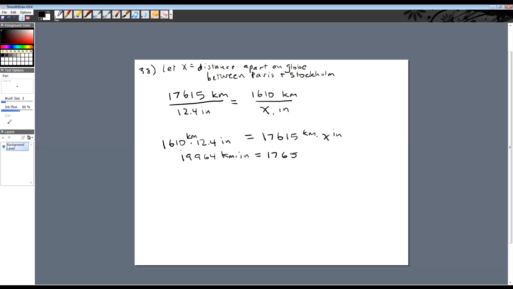This equals 17,615 kilometer inches times X. But what we need to do is divide both sides by 17,615 kilometers.